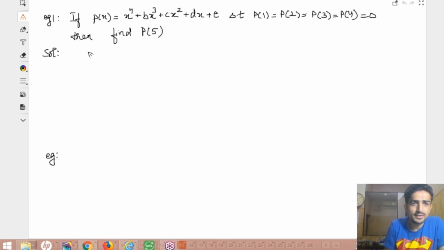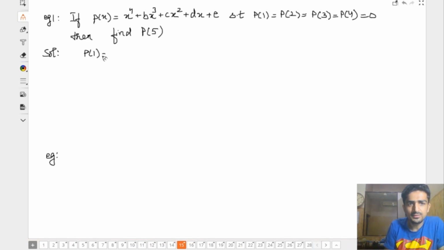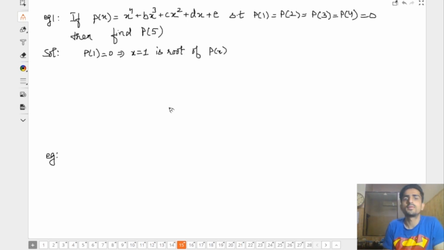Guys, this P of 1 is 0. What does that imply? It implies x equal to 1 is root of P of x. Okay. Similarly, P of 2 is 0. This is 0 and this is 0.